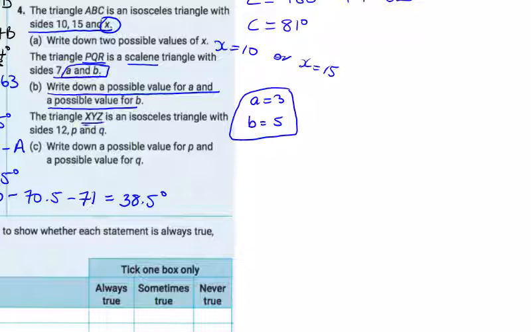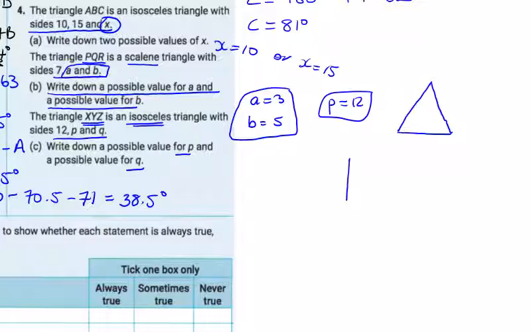The triangle XYZ is isosceles. So two sides the same again. Possible value for P and a possible value for Q. Okay, well, if we let P equal 12, for the second side to be 12 as well. Imagine we have a 12, we have 12. What do I need to connect them?